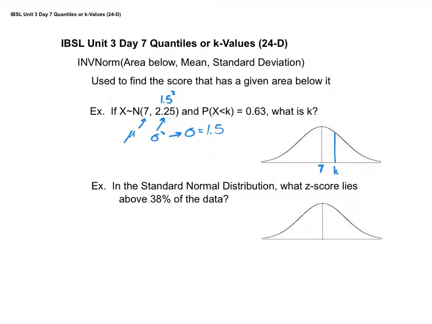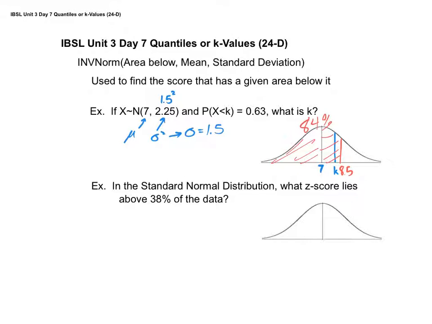Just to illustrate that, 8.5 up to here would be 34 plus the 50, so that would be 84%. We only want 63%. All right? So I know my value of k has to be somewhere between 7 and 8.5. Okay? Does that make sense?